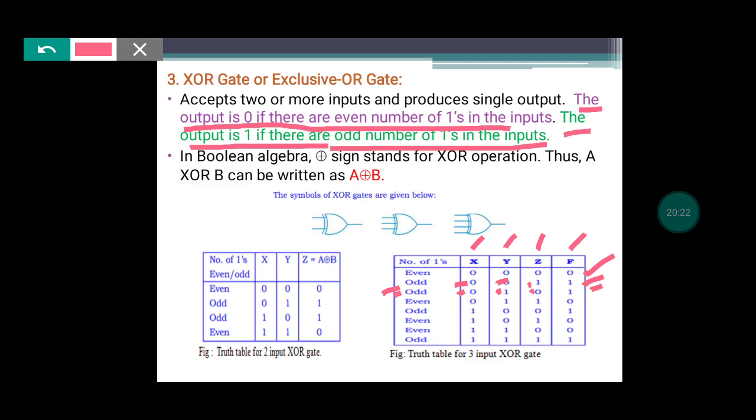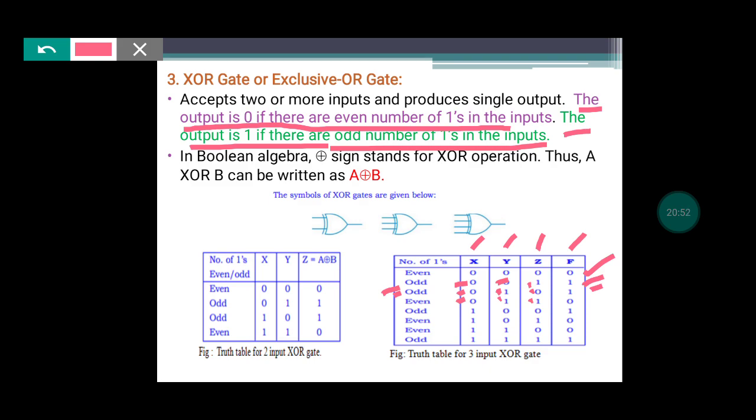Now see this fourth row. X has input value 0, Y has input value 1, Z has input value 1. What is the combination? 0, 1, 1. So 1 has appeared here how many times? 2 times. The high voltage has appeared 2 times, and 2 is an even number.